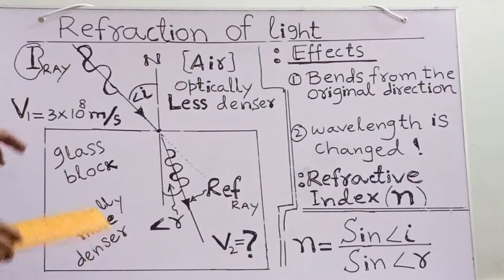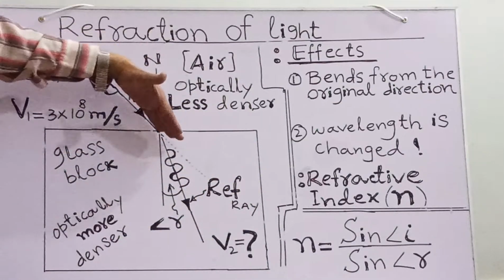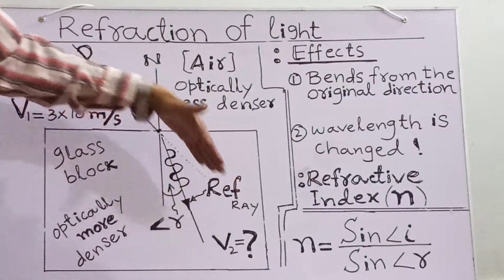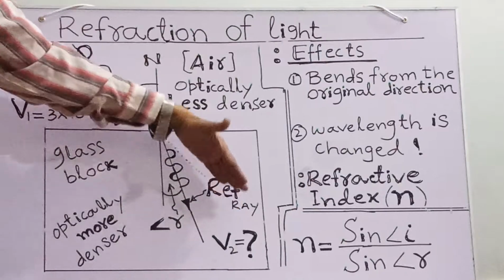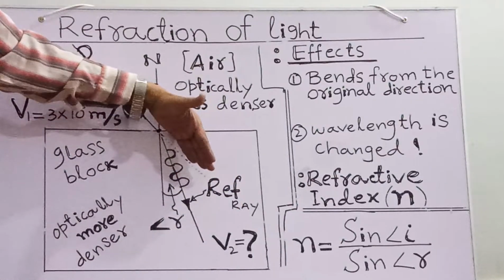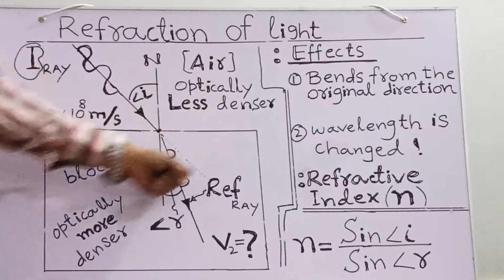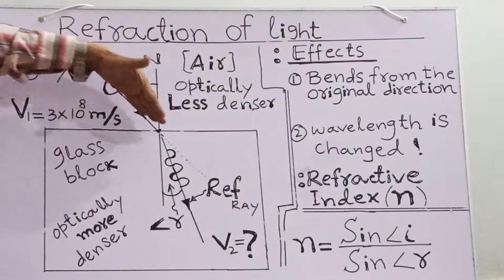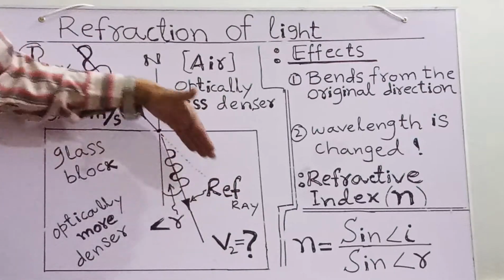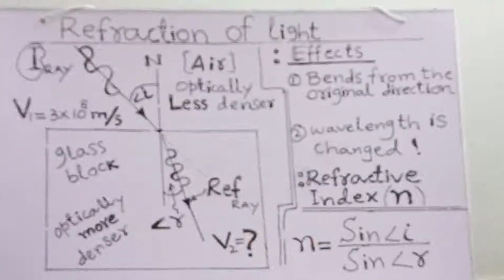But as it is a glass slab or glass block, light cannot travel in a straight line; rather it will bend from the original direction. If I take away the glass, then the light will travel along this straight line. It is the original direction of propagation.